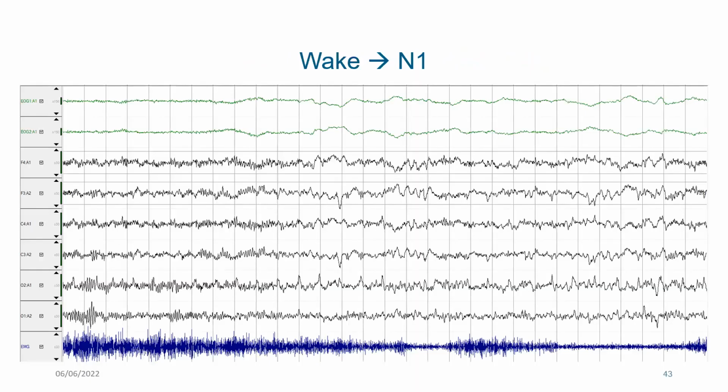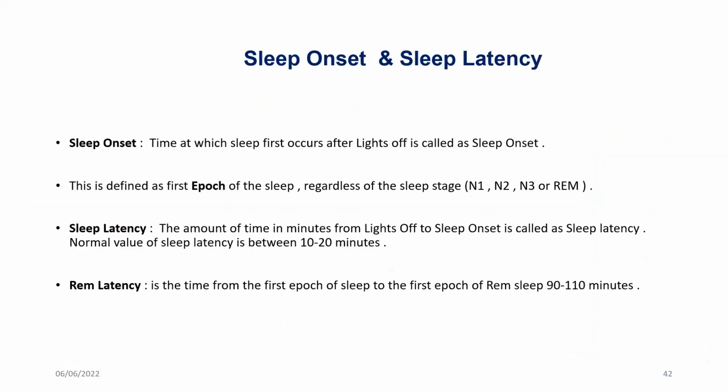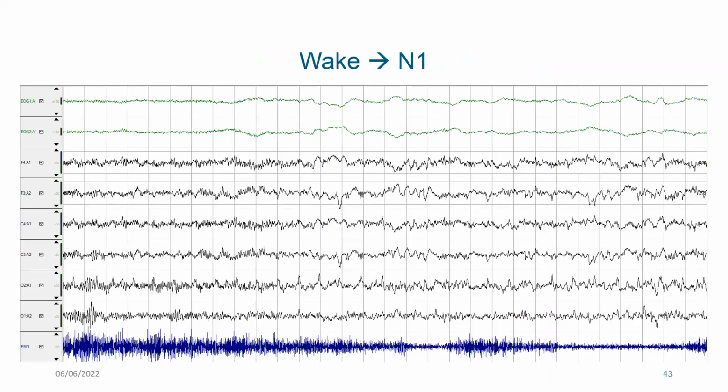If you see here, this patient is going from wake to N1. This is basically sleep onset, because this patient is moving. You can see the eyes have started rolling and the chin EMG is going down here, so the patient is moving from wake to N1.